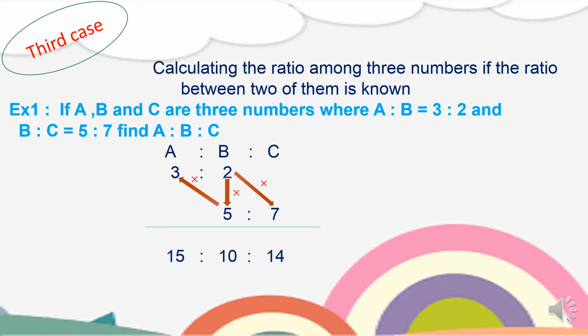So the ratio in B is 10. Multiplying the two numbers facing each other by crossing, 5 times 3, I get 15. And 2 times 7 equals 14. So the ratio between A, B, and C is 15 to 10 to 14.